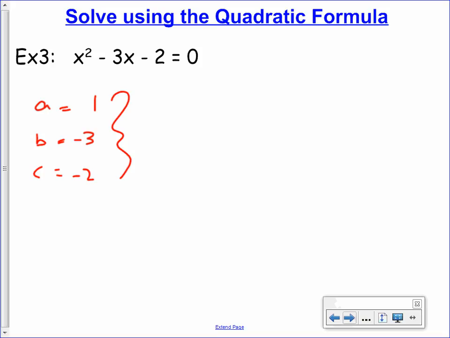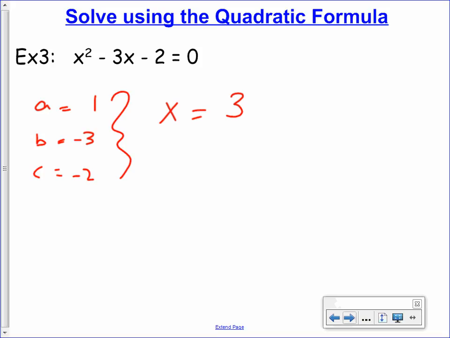Okay. X is equal to. So we have to put A, B and C into the formula. It would be 3 because the opposite of -3 is 3. The opposite of B. The opposite of -3 is 3.